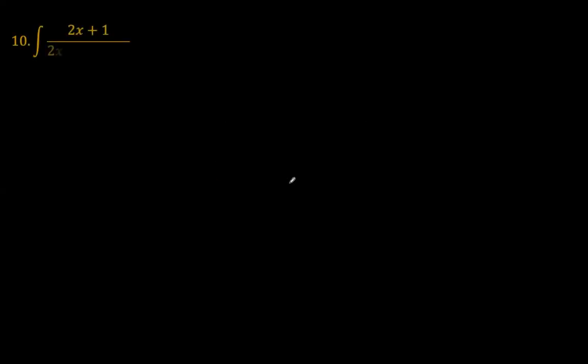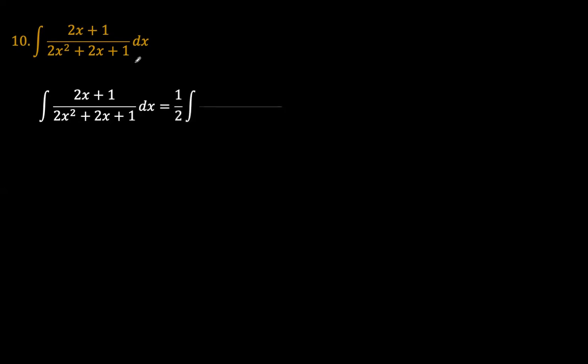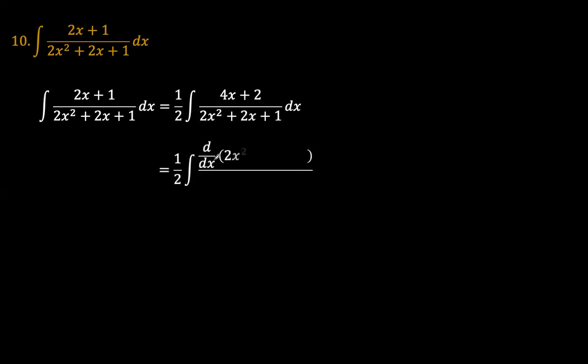So the final problem is the indefinite integral of 2x plus 1 over 2x squared plus 2x plus 1. The problem here is if we multiply it by a half, such that in the numerator we have 4x plus 2 over 2x squared plus 2x plus 1. This clearly shows that in the numerator, this is the same as the derivative of the denominator.